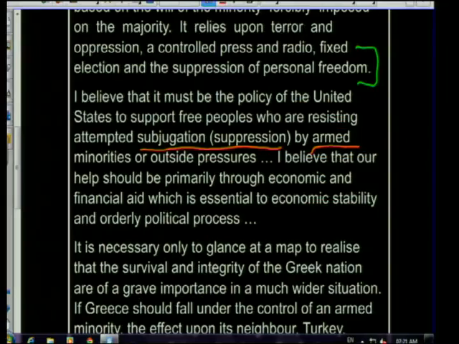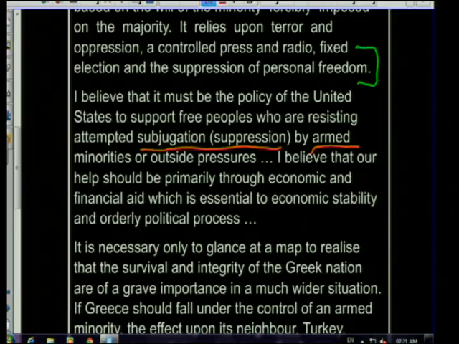By armed minorities or outside forces, I believe that our help should be primarily through economic and financial aid. You might later on get a question asking you why it was important for the United States to get involved and help the different countries and how they help them. So already you can see here that he is saying that the United States needs to give economic and financial aid, which is essential to economic stability.